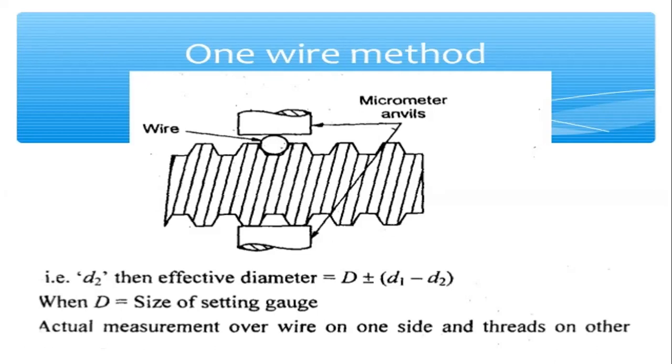Where capital D is taken as the size of the setting gauge. Then the actual measurement over the one wire, that is over the wire on one side and threads on the other side, has to be taken.